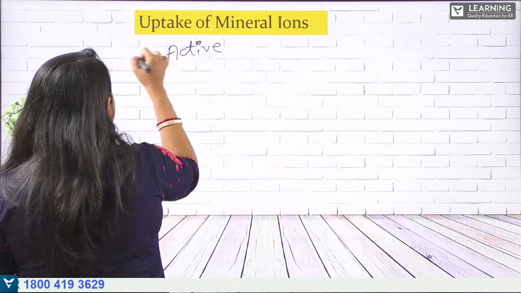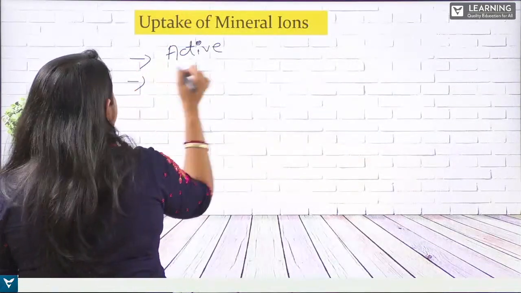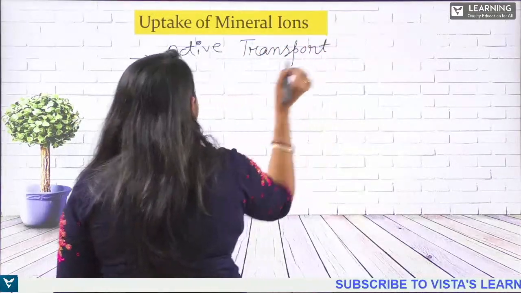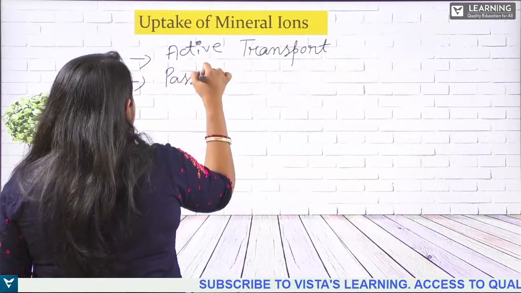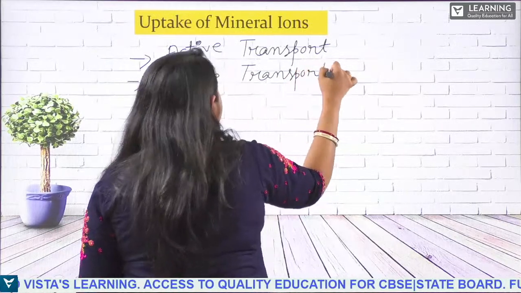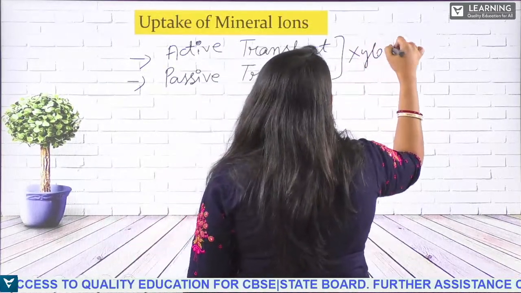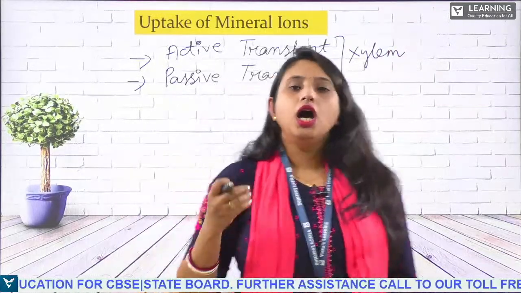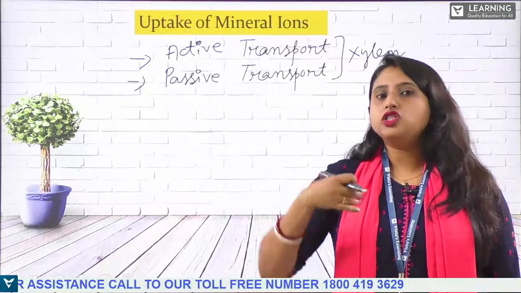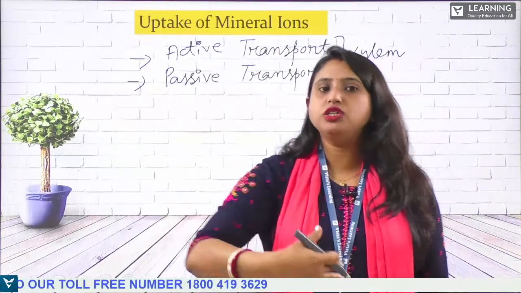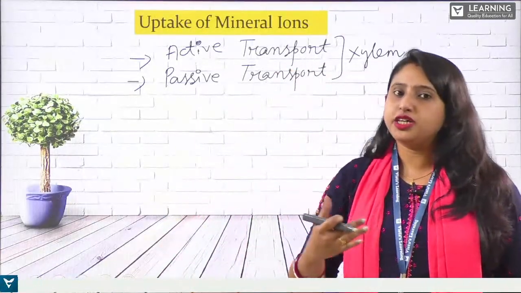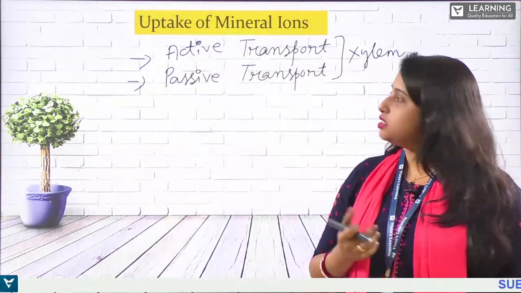It is by the process of both active and passive transport. So in case of xylem, both active and passive transport are involved in the translocation of minerals. Translocation means transferring from one place to another.